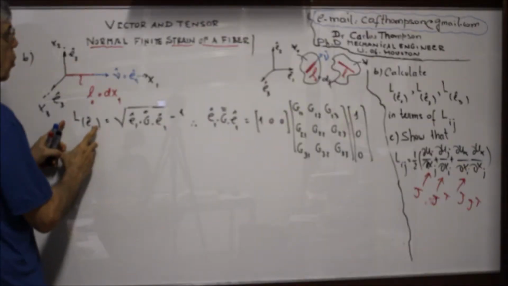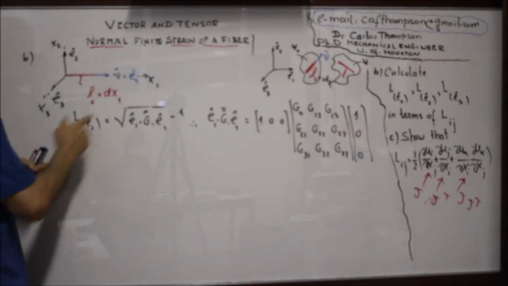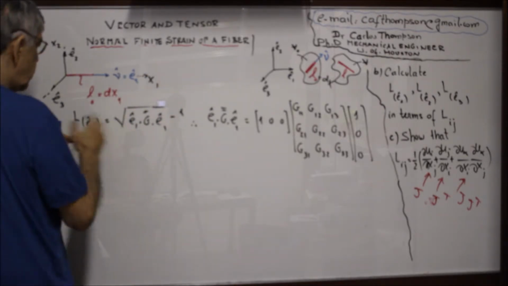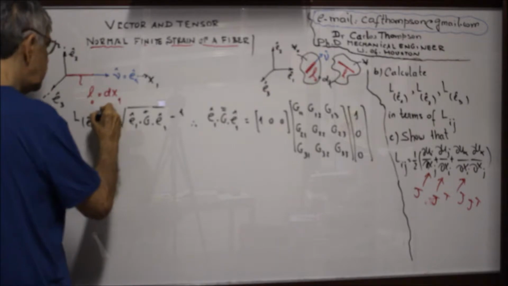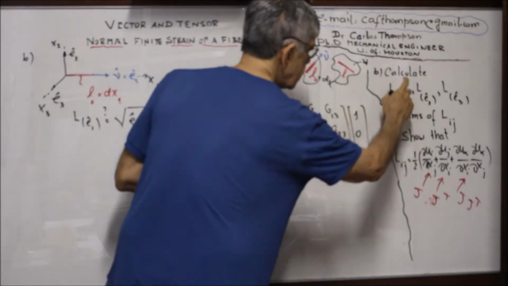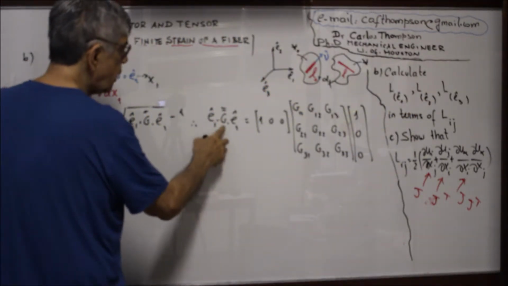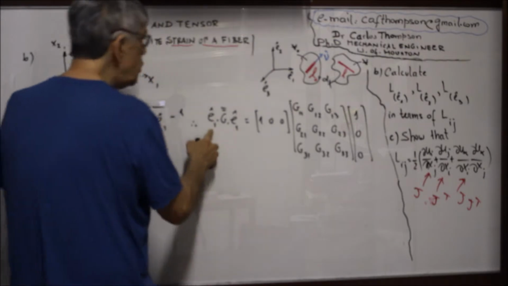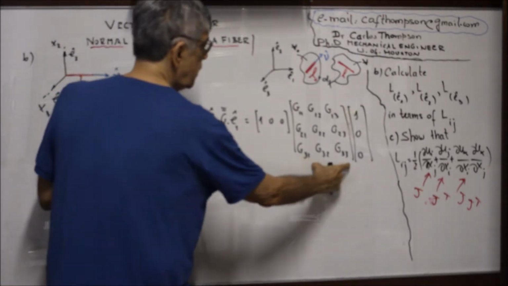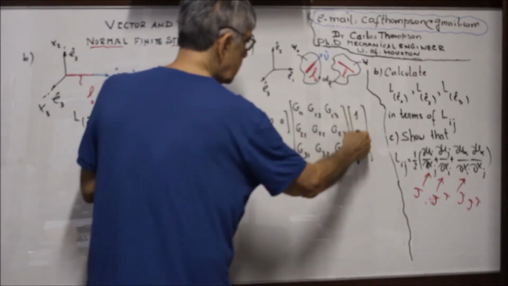The normal finite strain in this E1, or capital X1, direction is what we want to show, in this case L E1. So in E1 dot G dot E1, E1 is the vector 1, 0, 0 times the second order tensor G times E1, which is 1, 0, 0.